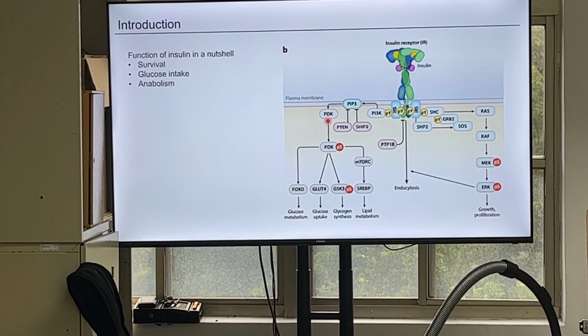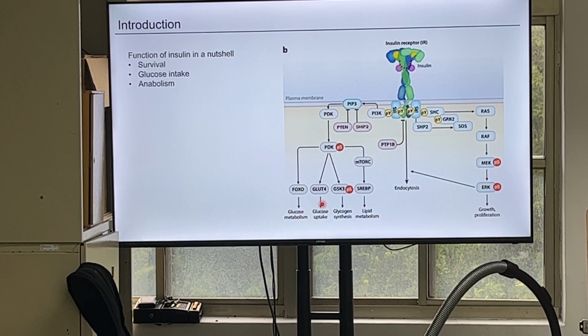This one is AKT. AKT here activates mTOR and facilitates expression of GLUT4. By expression here, I mean getting it onto the cell membrane.